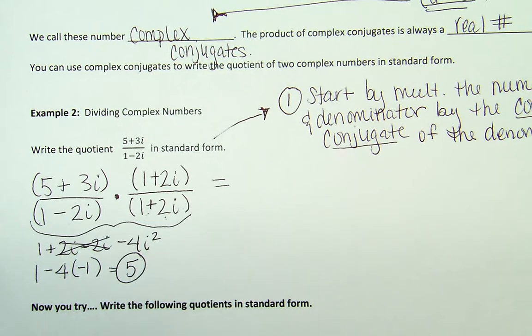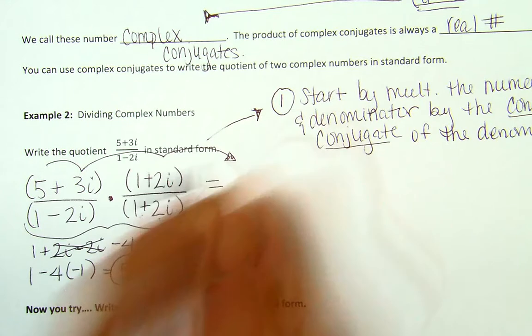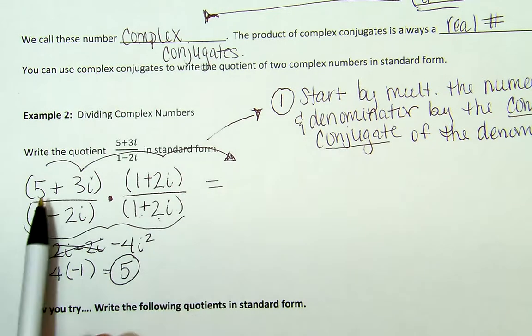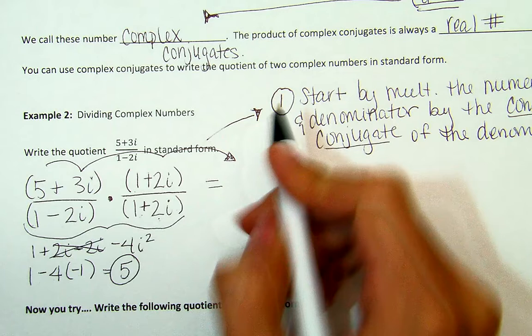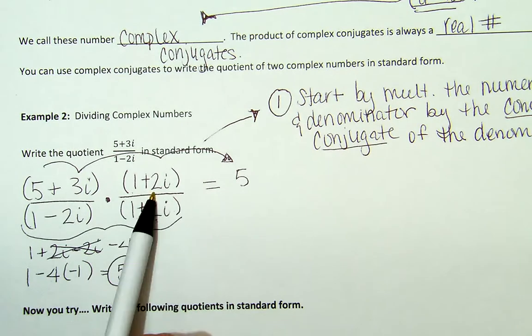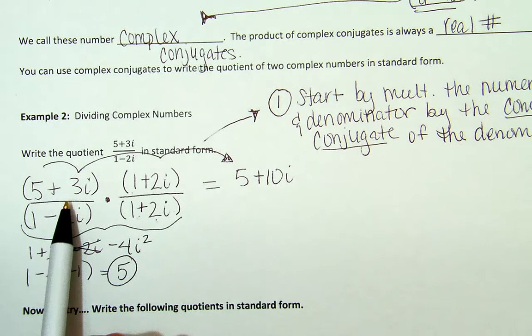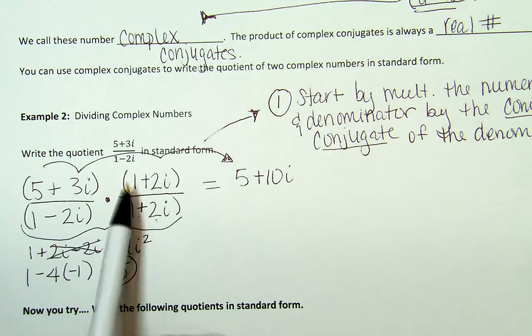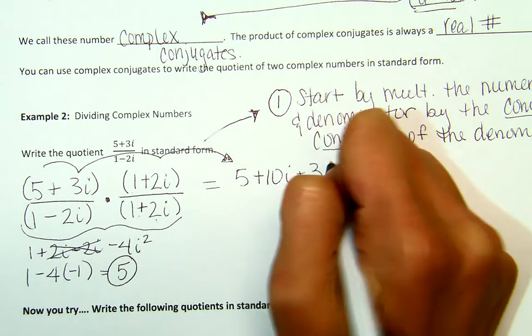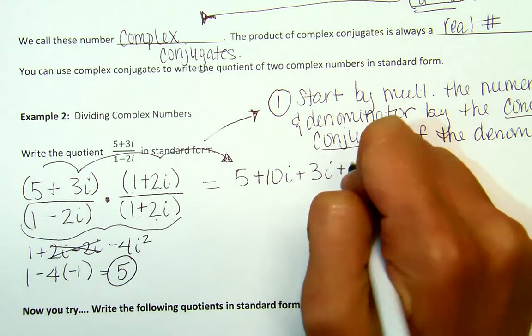In the numerator, we're now going to FOIL our numerator. So 5 times 1 gives us 5. Outer, 5 times 2i gives us a positive 10i. Inner gives us 3i times 1, which is a positive 3i. And 3i times 2i gives us positive 6i squared.